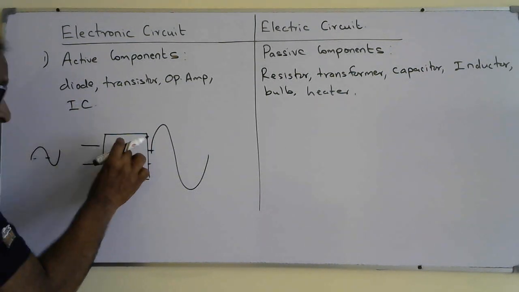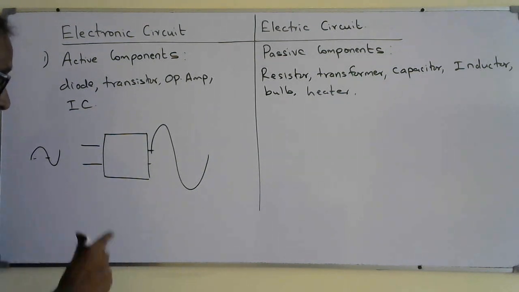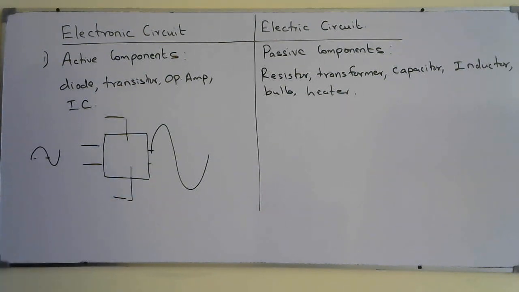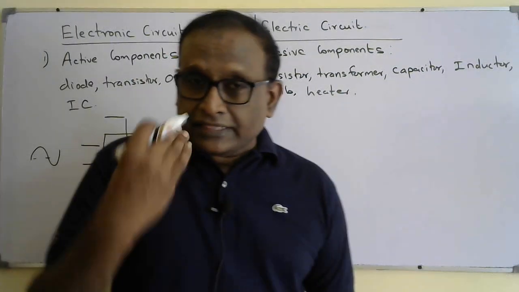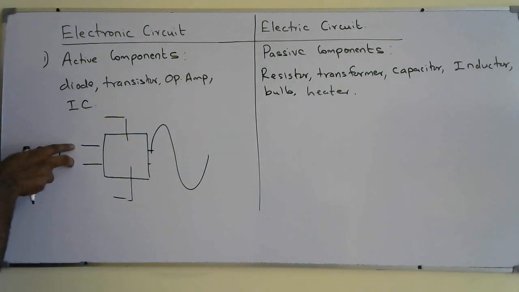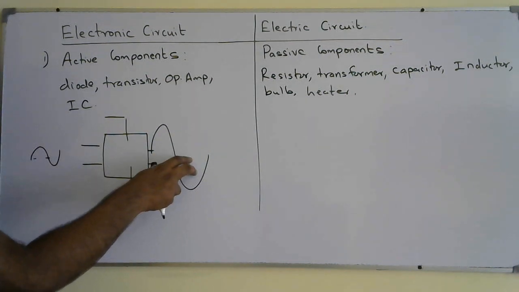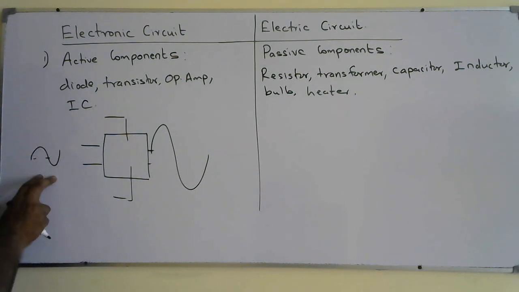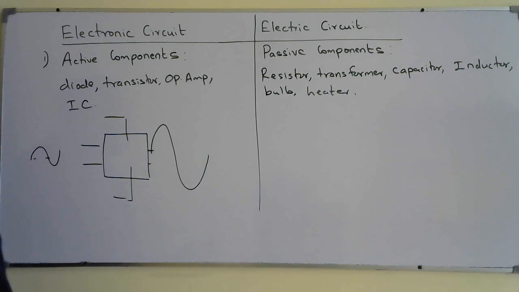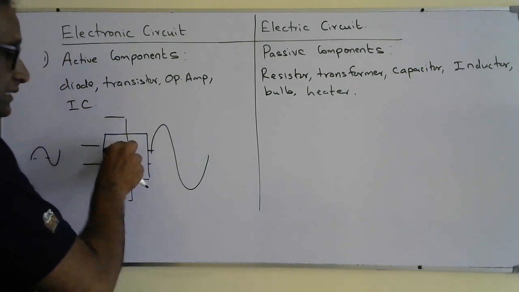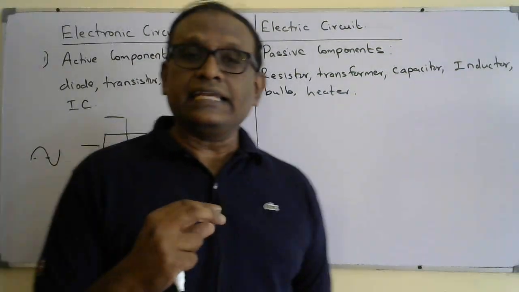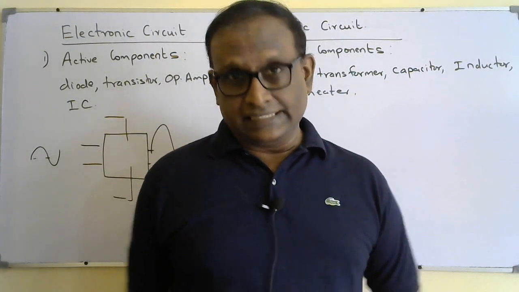But for this active component to function, you need to supply additional electrical energy. This is the electrical input energy, and the output is an amplified signal: the input is low amplitude, the output is large amplitude. But for the active component to function, it needs additional electrical energy.